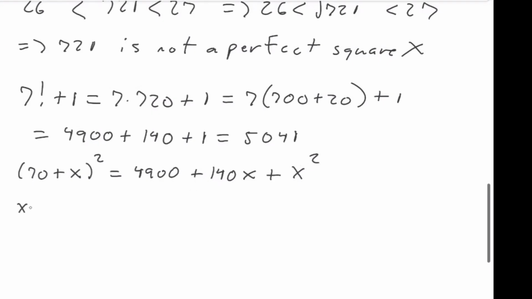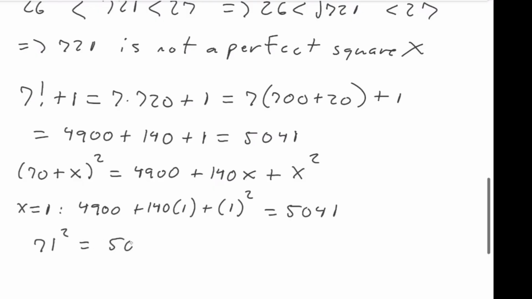If I look at x equal to 1, that's going to be 4,900 plus 140 times 1 plus 1 squared, which is exactly this, 5,041. So I know 71 squared is equal to 5,041, meaning that 7 factorial plus 1 is a perfect square. And this was a really neat problem to showcase how we can find perfect squares.